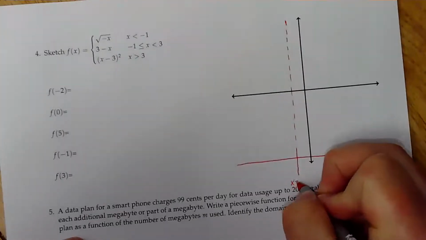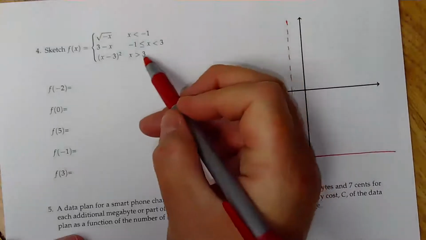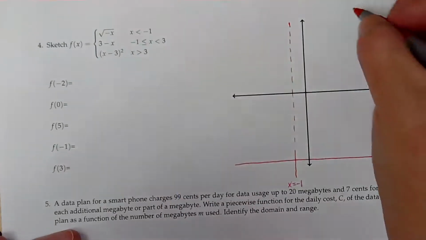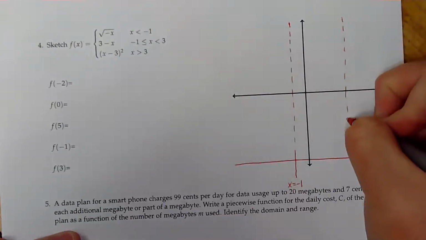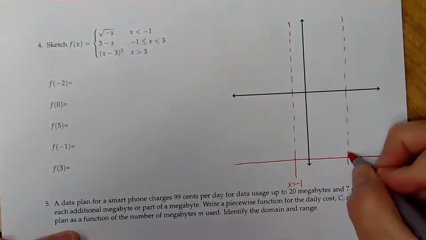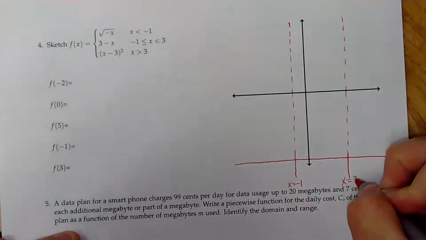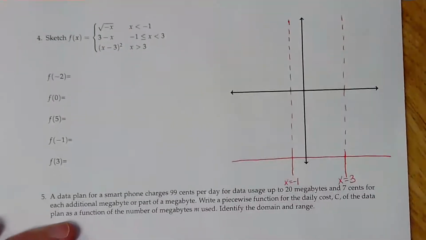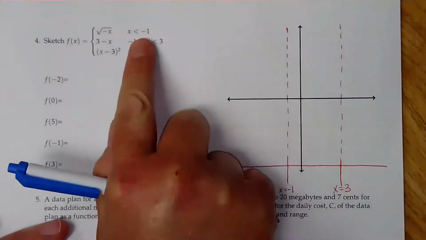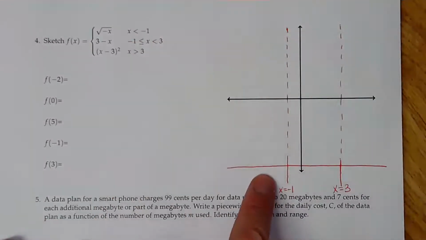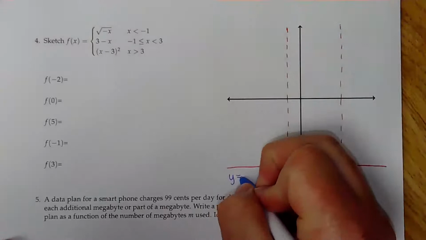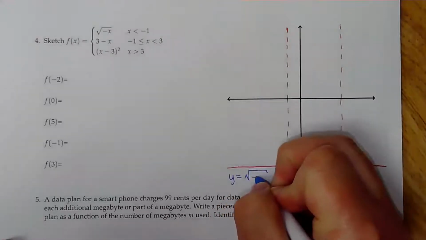So here is x equals -1. And then we have a fence line here at x equals 3. Put this guy in. All right, and then let's put the functions in the places they go. So when x is less than -1, we're going to use y equals the square root of -x.